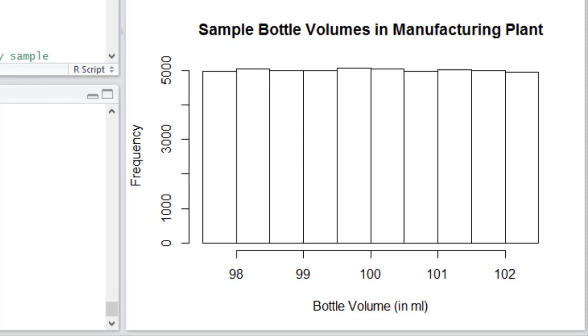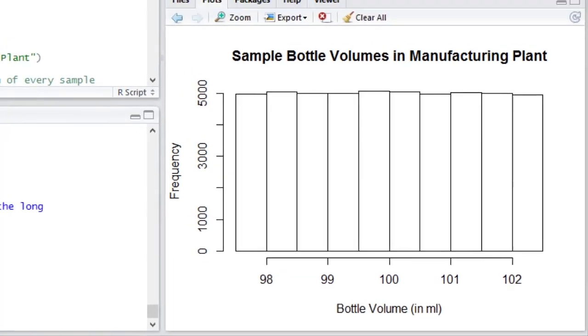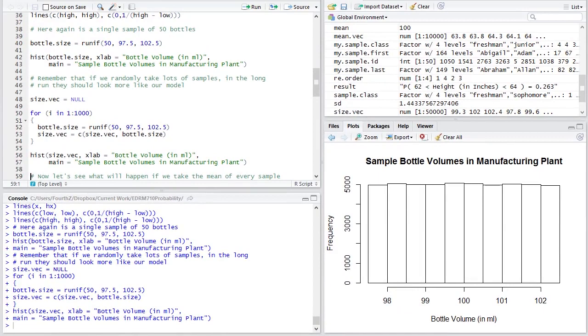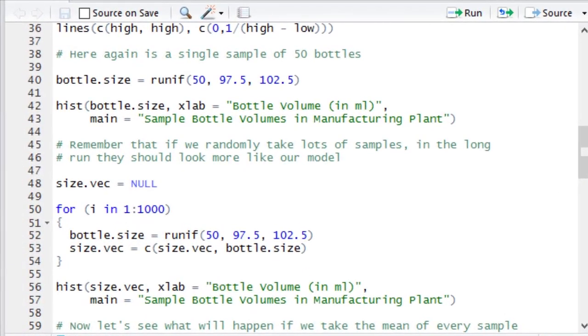Now there's one step left I want to take. What if we create the sampling distribution of the mean when the underlying population looks like this, looks like a uniform distribution? What do you think we would get? Let's try it. Remember that a sampling distribution is a distribution of statistics.